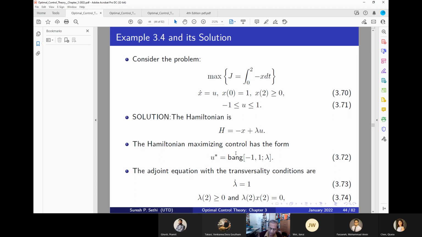But if you want to do it algorithmically, you can ask the computer to solve this problem, though sometimes you will have to solve the two-point boundary value problem. This is more complicated than the Excel program that we had in chapter 2. I'm not doing anything more than that computationally. If you want more sophisticated computational software that can solve more complicated problems, there's enough in the literature to do that.